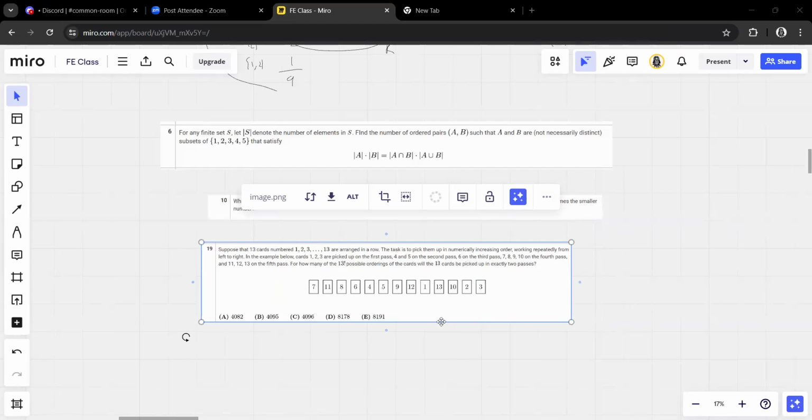Okay, so for any finite set S, let |S| denote the number of elements in it. Basically, you want to find this ordered pair of subsets.